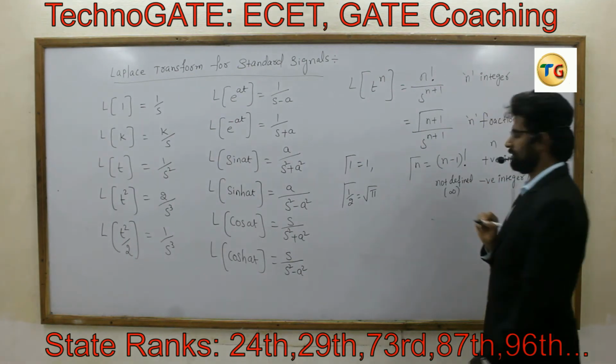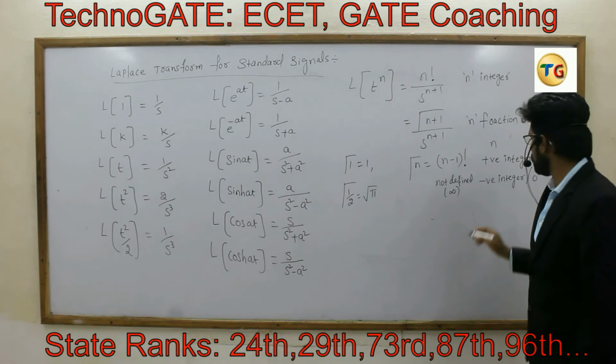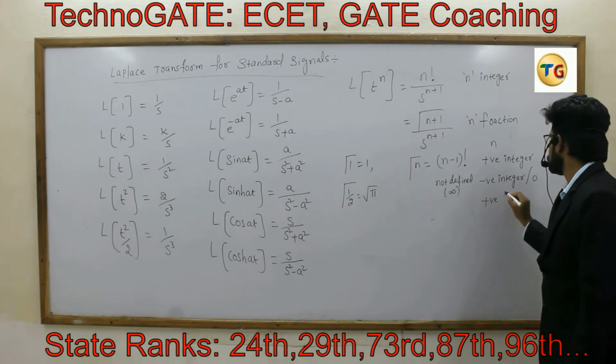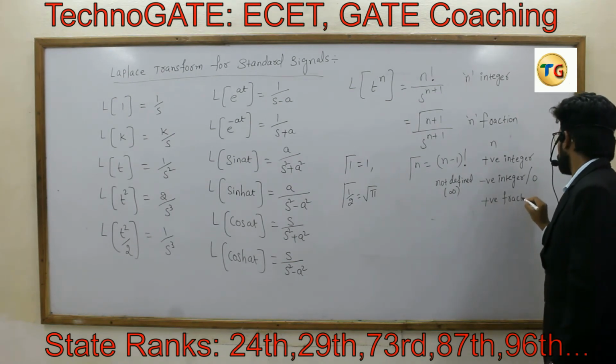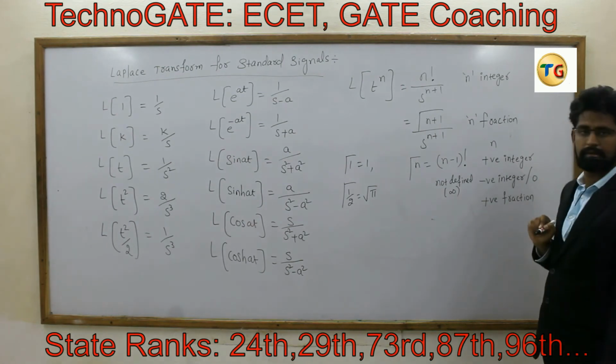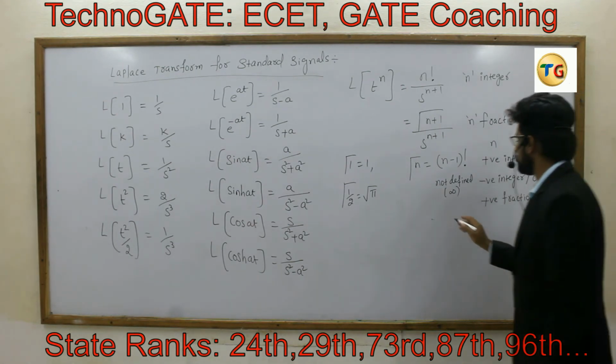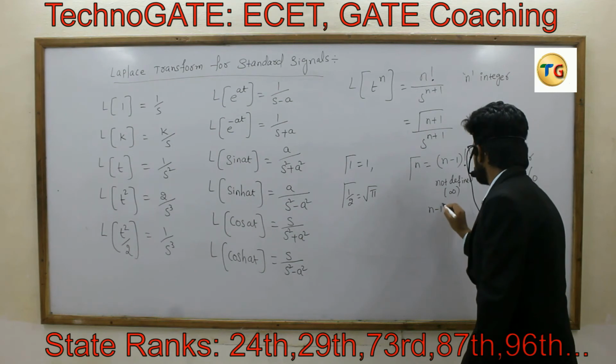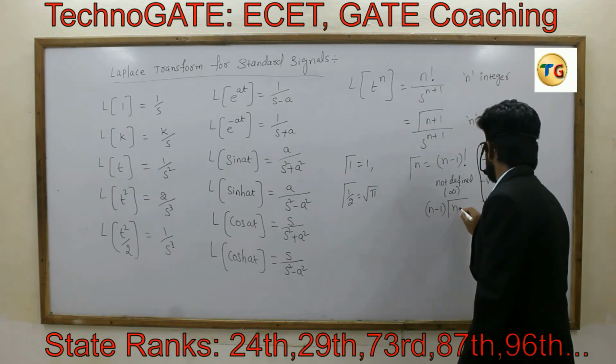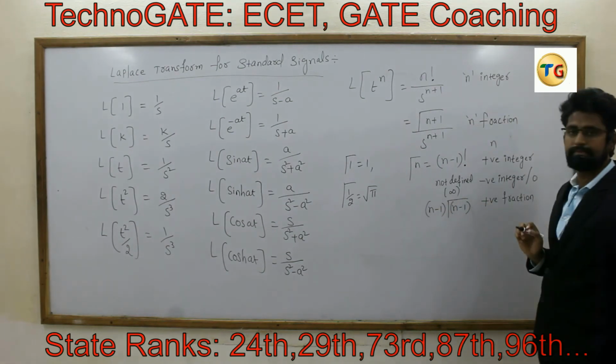If n is a positive fraction, gamma of n is n minus 1 times gamma of n minus 1.